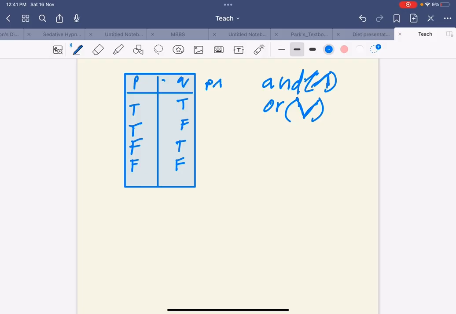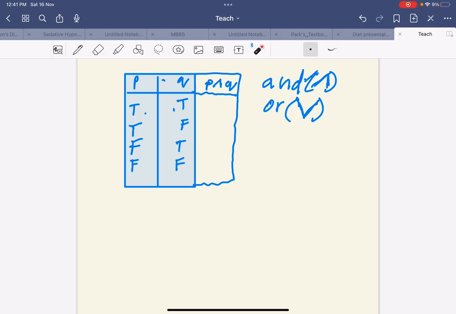P and Q, that is conjunction. True and true. What is true and true? Well, if two things are true, then the answer is true because it is and. And means that both the conditions have to be true. If A is true and B is true, both A and B is true, then the answer is true.